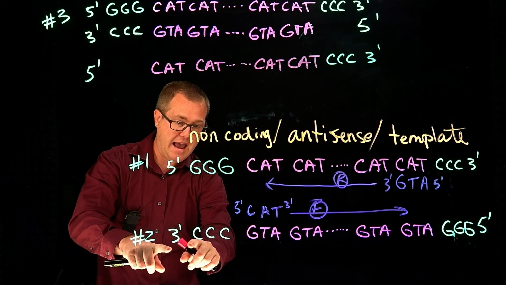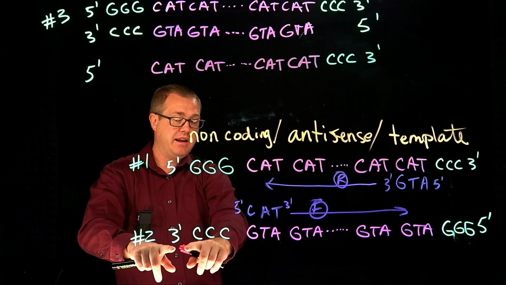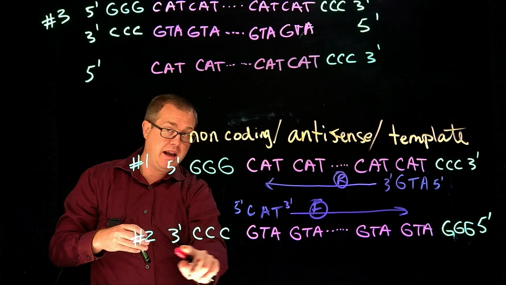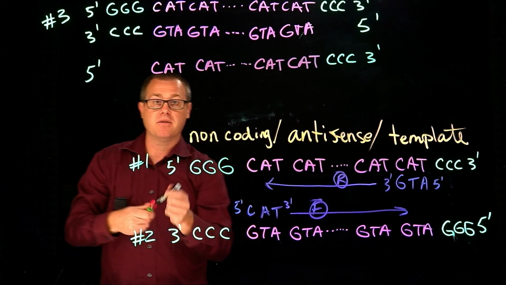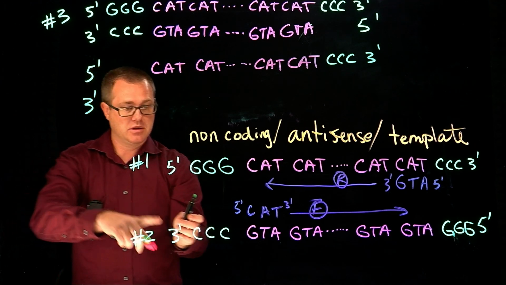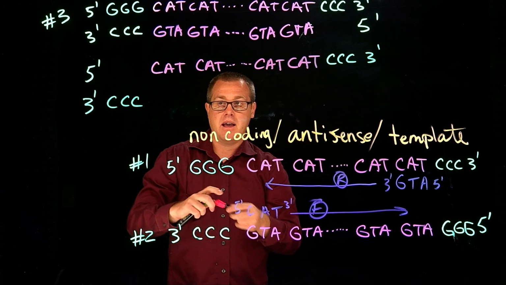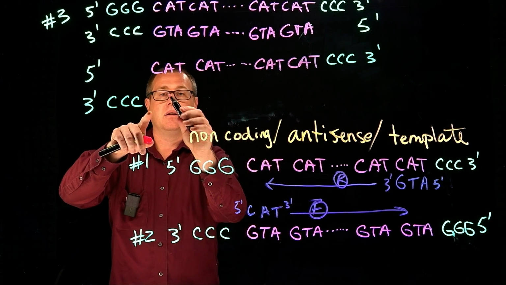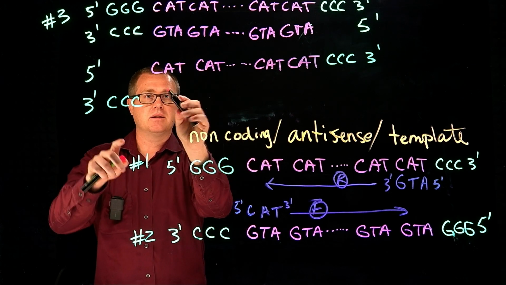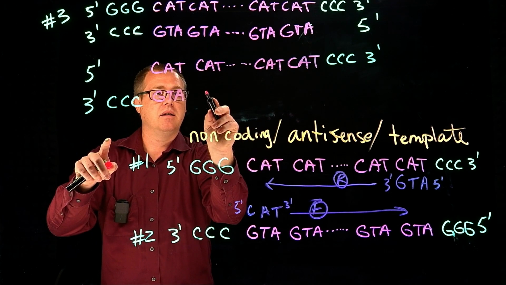But then we look at this number 2 strand here. We still have the green right here, so that's going to come along for the ride. So that would be CCC, and then the template strand right here, so GTA.